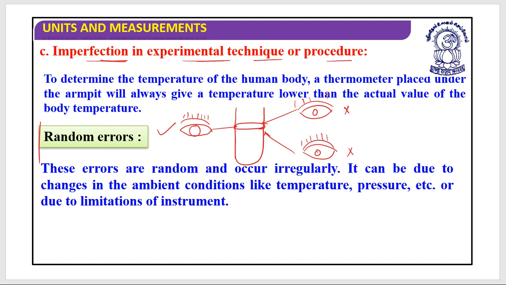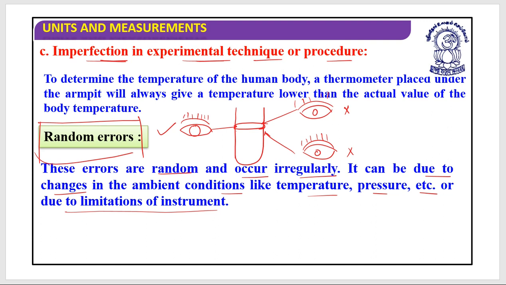Now the next category is random error. What are they? These errors are random and occur irregularly. They can be due to changes in the ambient conditions like temperature, pressure, etc., or due to limitation of instruments. All these systematic errors can be reduced by taking a correct number of observations, by having correct measuring techniques, or by calibrating an instrument.